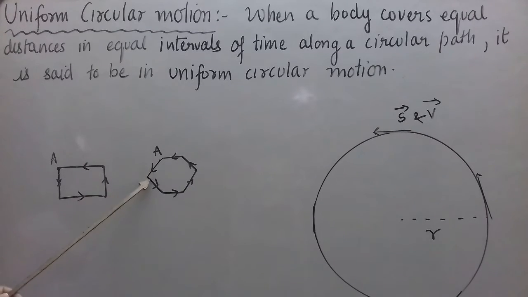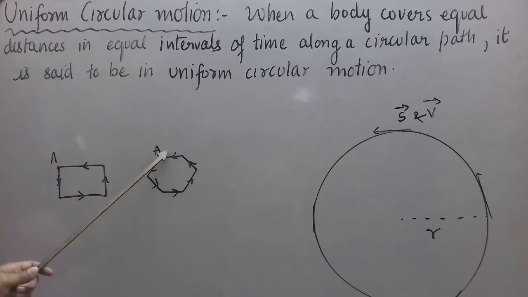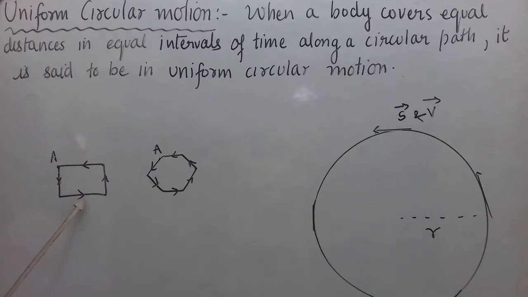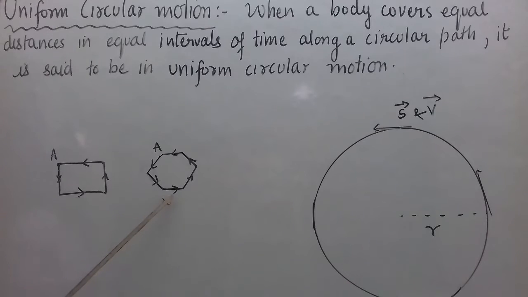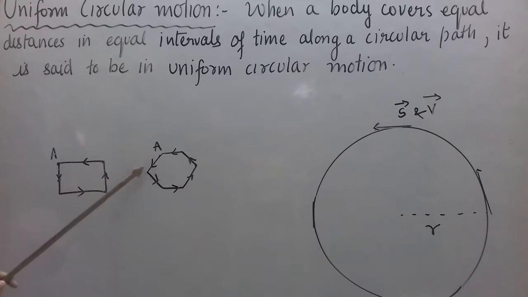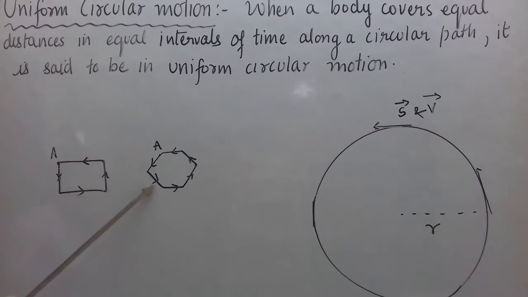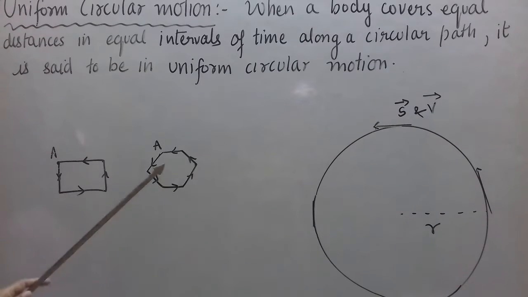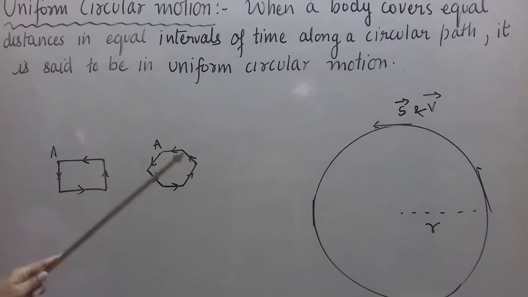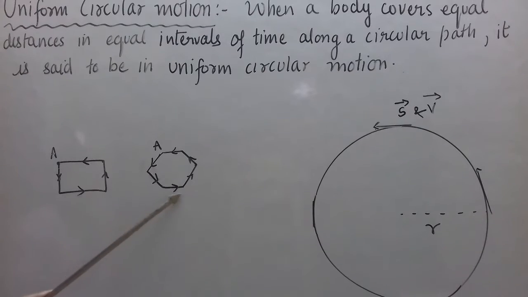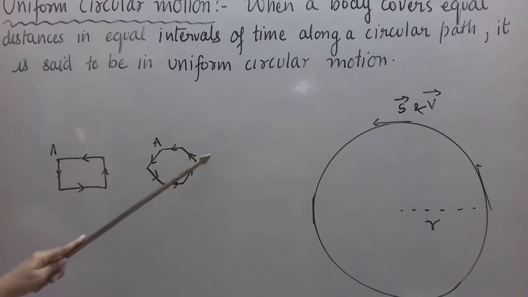Here 1, 2, 3, 4, 5, 6. 6 times you change the direction. Here you were changing the direction 4 times. Here you are changing the direction 6 times. And comparatively you covered smaller distance and changed the direction. Suppose you continue this, you decrease these path lengths and increase the number of corners.